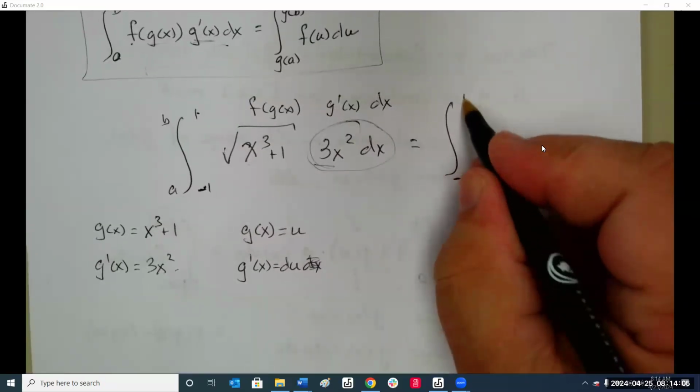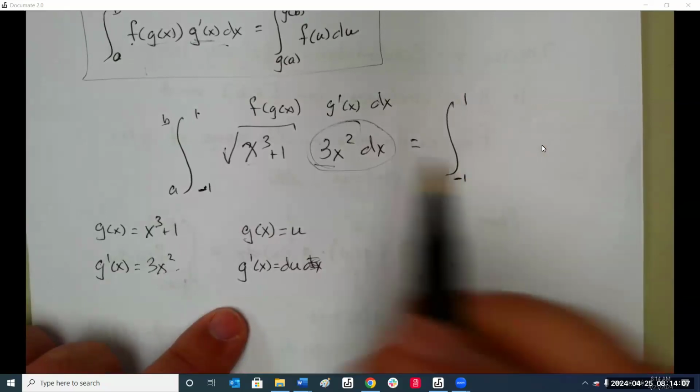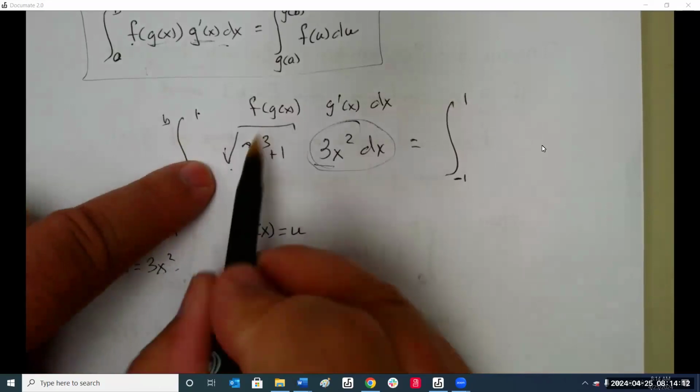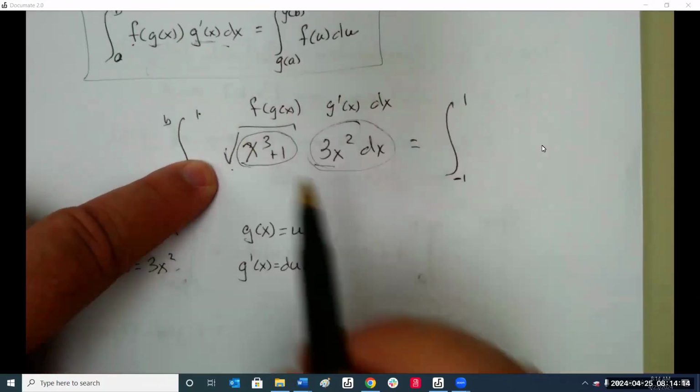We'll keep the same bounds for right now. So inside here, we have u.